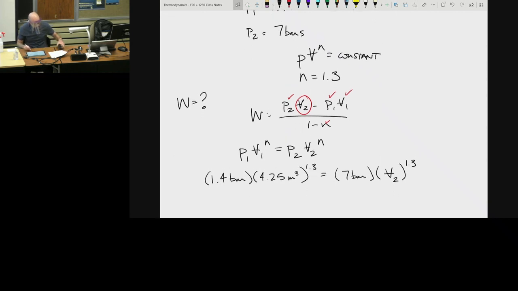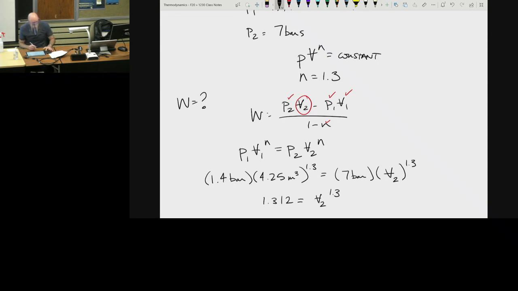Don't have to worry about units here because the units in volume will be meters cubed. And so I'm going to solve this. I'm going to take 1.4 times 4.25 and raise that to the 1.3 power and divide that by 7. And I'm going to get 1.312 is equal to V2 to the 1.3.